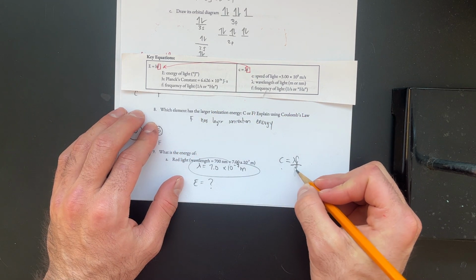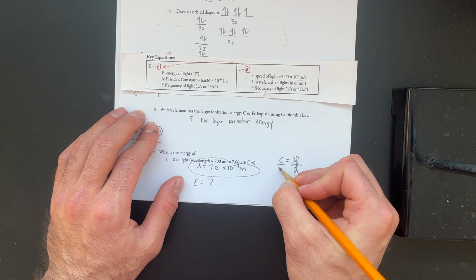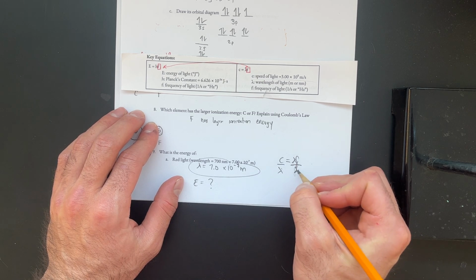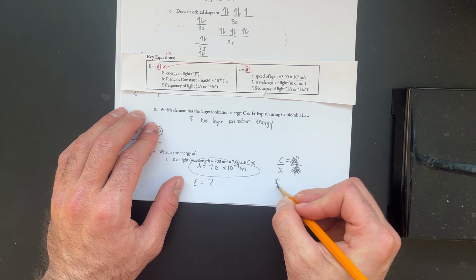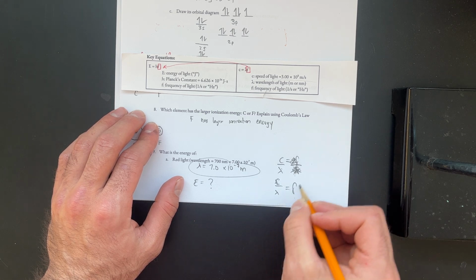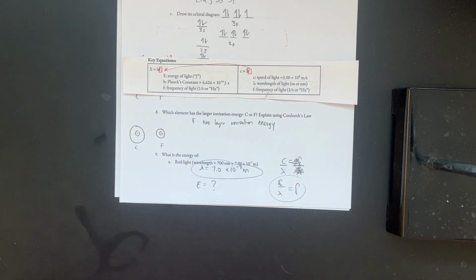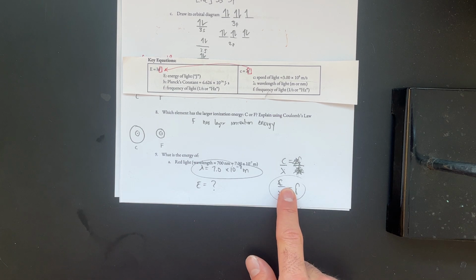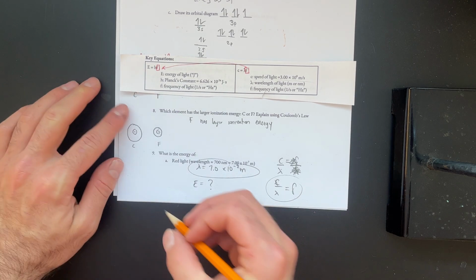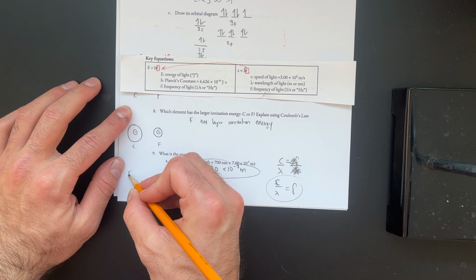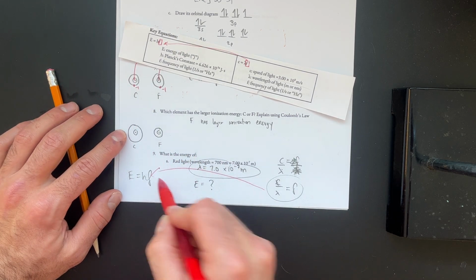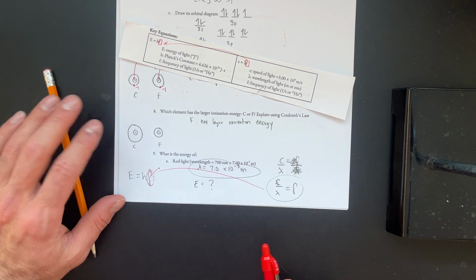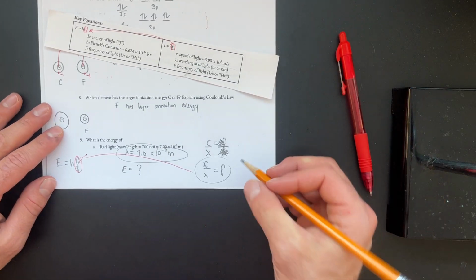Lambda, if we divide by lambda on both sides, we can get just F by itself, right? So lambda is going to cancel. C divided by lambda is going to be equal to F. And so if you get F, then you can plug into E is equal to HF, right? You can take this and plug it into here, and then you can solve for E, right? And so let's do that.